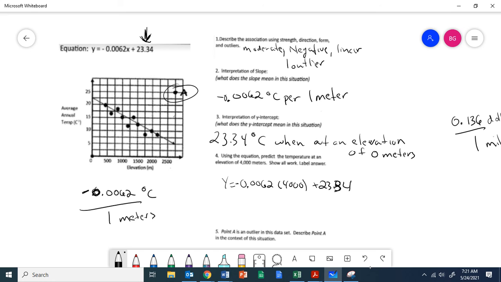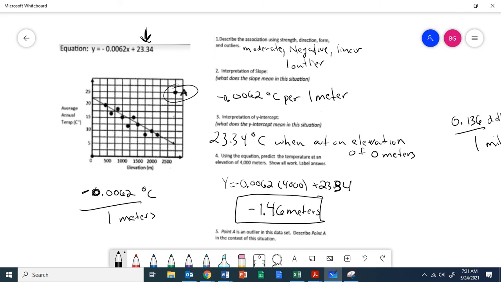So I'm going to type it in here, negative 0.0062 times 4,000 plus 23.34, and we get negative 1.46 degrees Celsius.